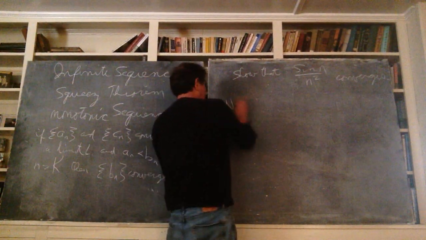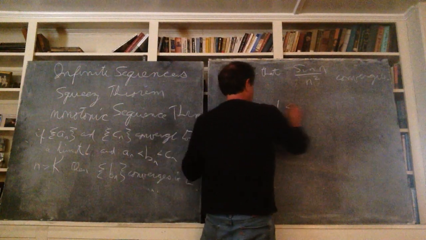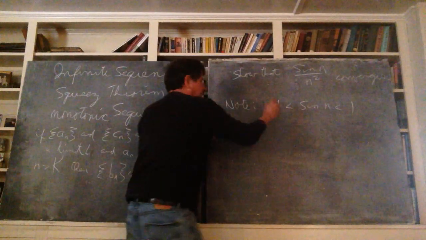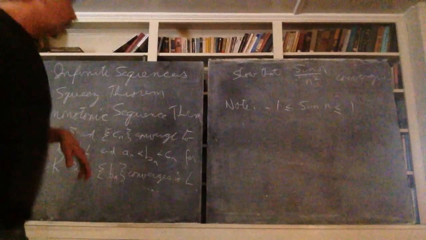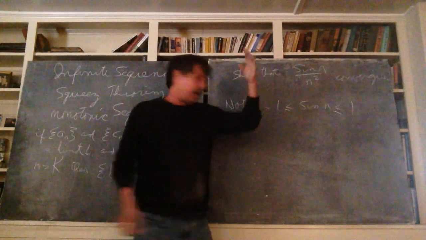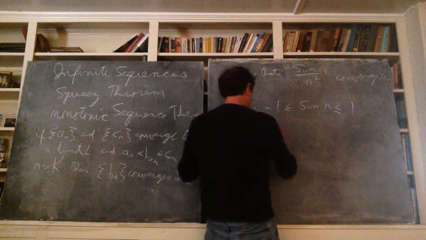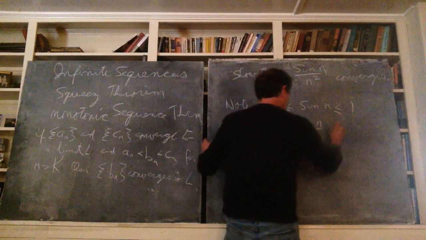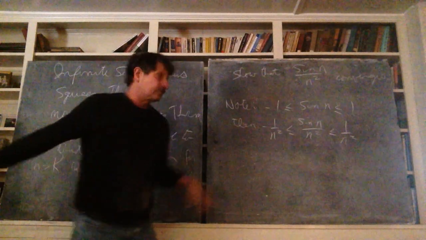And in order to do that, note the range of the sine is between 1 and -1 inclusive. And so I want to make it look like this. I'm just going to divide everything by n squared. Then we have something that looks like that.